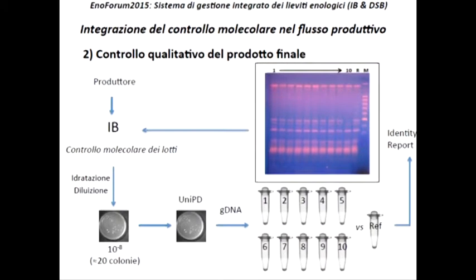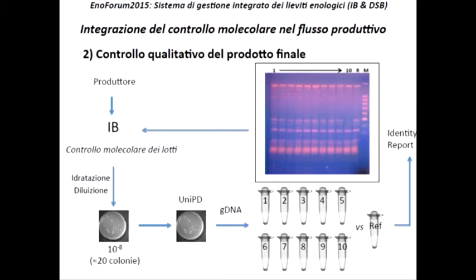Then, at a second level, once the producer has prepared his work, what happens is that Italiana Biotecnologie receives a sample of the batches produced, and a microbiological or extensive or performance control is performed. And they also prepare 1 dish plate for us, which contains approximately 20 colonies.